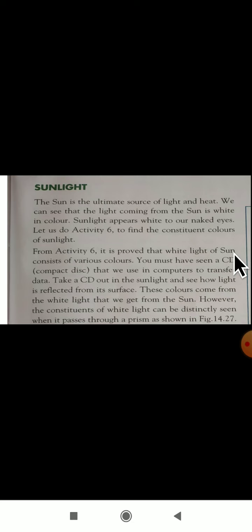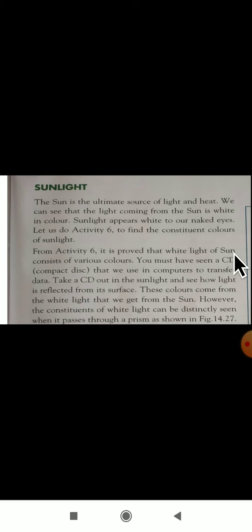We can see that the light coming from the sun is white in color. Sunlight appears white to our naked eyes. So when it appears white to our naked eye, we say that sunlight is white.